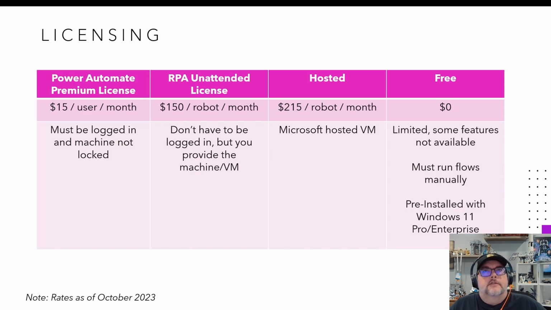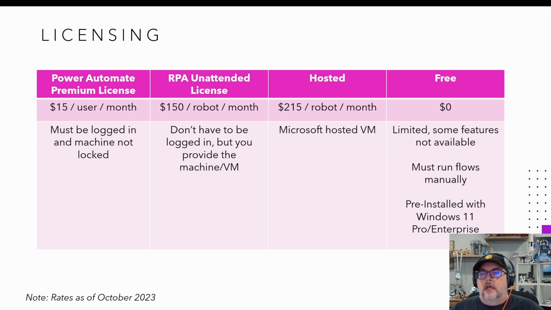All right, so to close it out, let's talk a little bit about licensing and the current state of that. There are a couple of different licenses. Like I say, there's the free license, which you should be able to install on either Windows 10 or Windows 11. Most Windows 11 versions have it pre-installed now, the newest versions, not all of them but most.